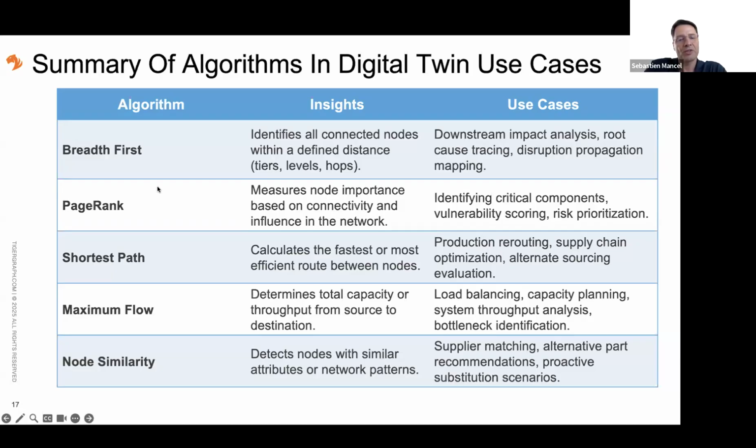Node similarity compares nodes based on attributes or structure. This is especially valuable for finding alternate suppliers or parts that can serve as backups when primary sources become unavailable. So all of these algorithms run in graph in real time, enabling a digital twin that's not only accurate and contextual, but also responsive and intelligent.